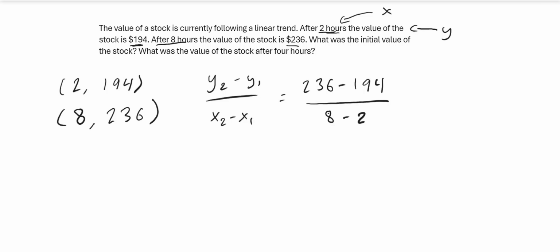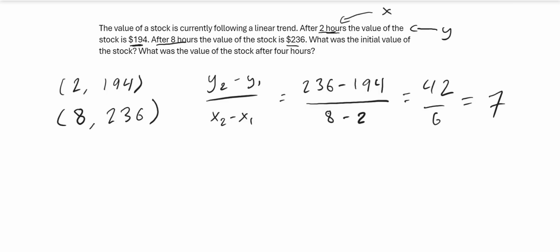Right? And if you put that in your calculator, 236 minus 194 over 6 would be 42 over 6, so that means our slope is 7. So every hour the value of our stock is rising $7 currently.